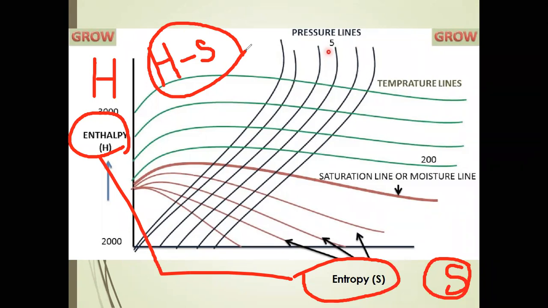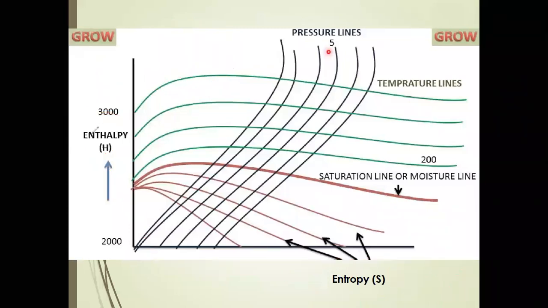You can see that on the x-axis we have entropy and on the y-axis we have enthalpy. These are the first two things. There is a bold line at the lower bottom of the Mollier chart, known as the saturation line or dry steam line.